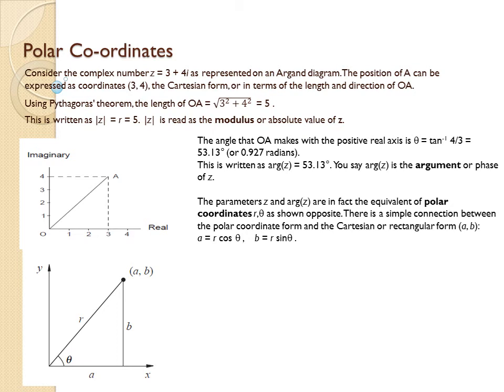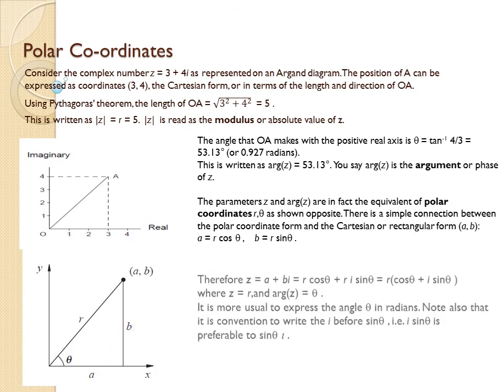If I consider this figure, you can see the coordinates are A and B, the x coordinate over here and the y coordinate over here, for the complex number A plus iB. Let's say this complex number has modulus r, and this angle is theta, so A equals r cos theta and B equals r sin theta. That is the portion mentioned.